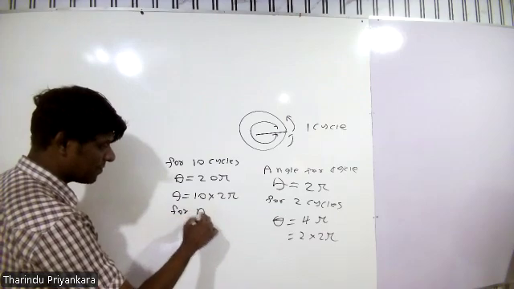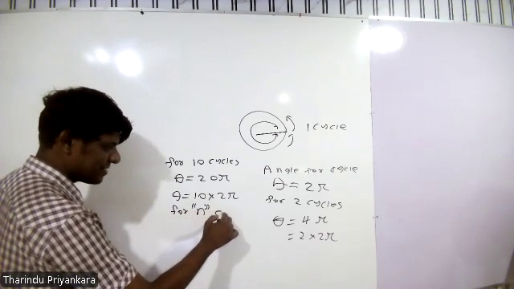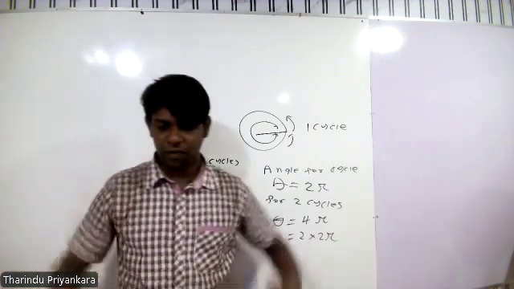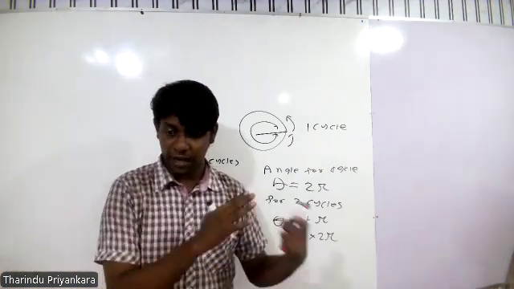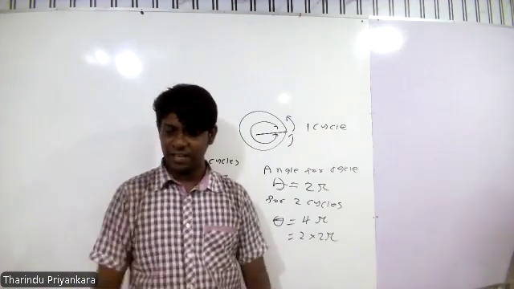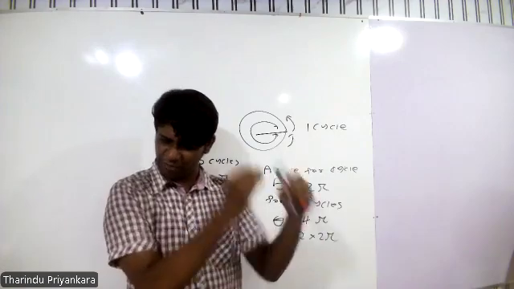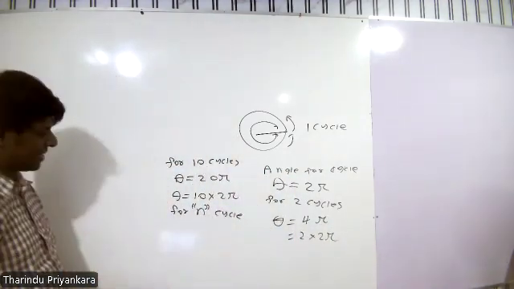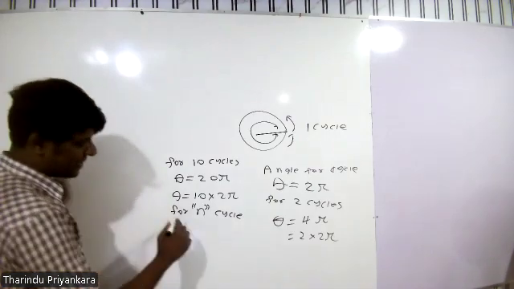For n number of cycles, it can be 10 cycles, 100 cycles, a million cycles, 0.0005 cycles, whatever the number of cycles, what is the angle?